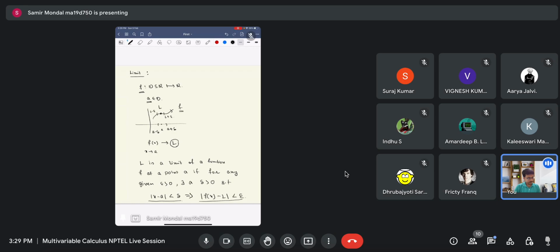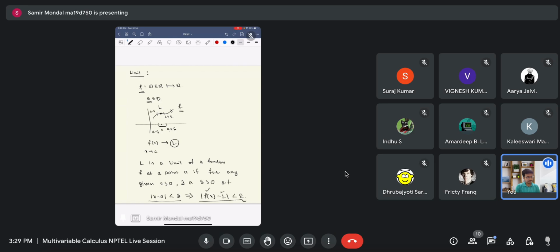So this means in that interval, whenever the distance between x and a is less than delta, the distance between the functional value f of x and L should always be less than epsilon.